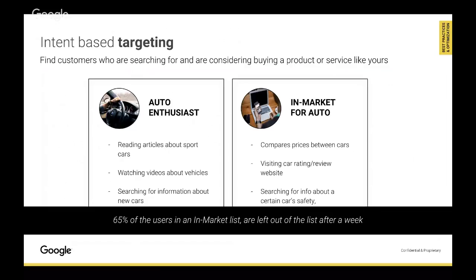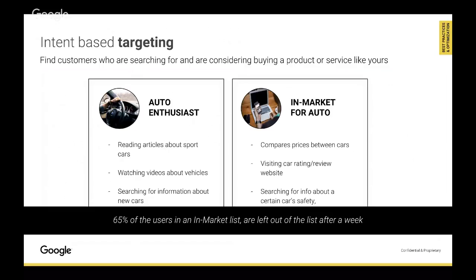So these are the type of audiences that definitely show a higher intent of buying a car, because the intent they have would help drive them to compare prices, and also they're more specific about what they want to know about car features.